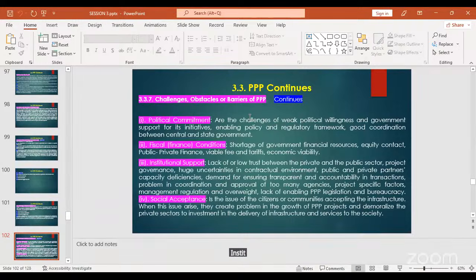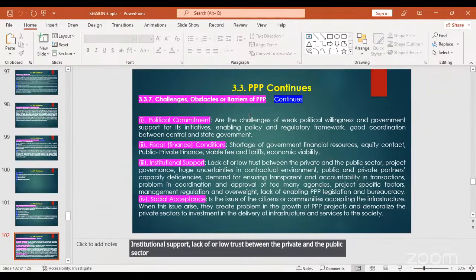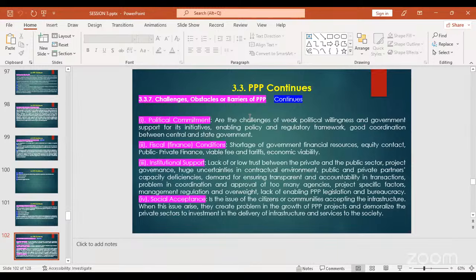Institutional support, lack of or low trust between the private and the public sector. So when that is in place, the growth and the acceleration become a source of concern. And that's why you see some road, they will start it if it is going to be a tolled road.